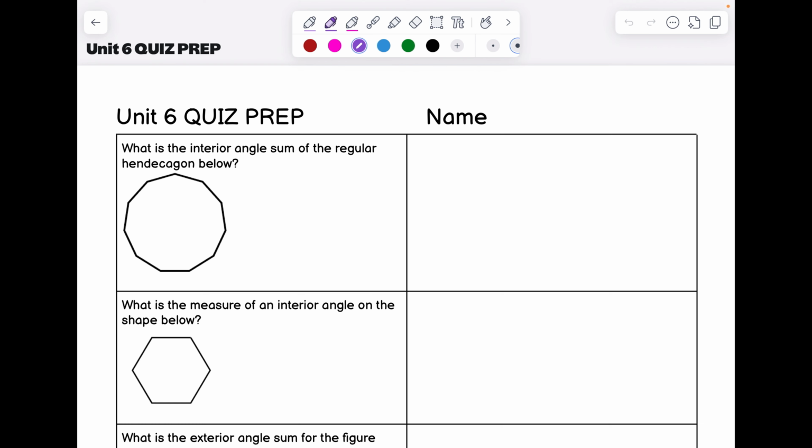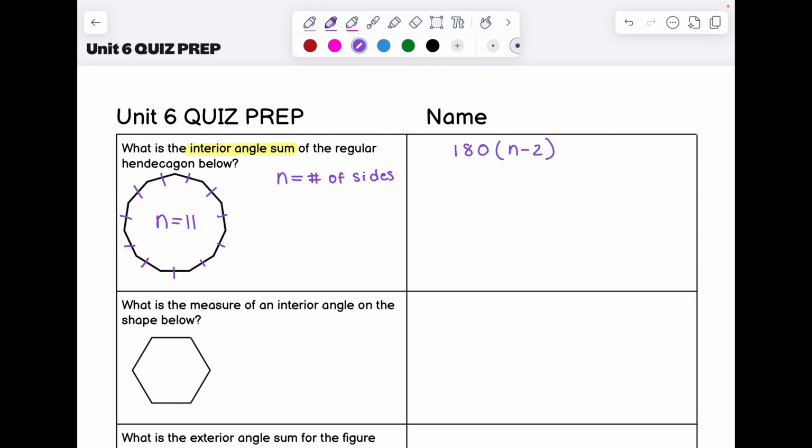This first question says, what is the interior angle sum of the regular hendecagon below? What we need to focus on is interior angle sum. If we look in our notes, we'll see that we can find the interior angle sum by doing 180(n minus 2), where n is the number of sides. Our n is, let's count, 1, 2, 3, 4, 5, 6, 7, 8, 9, 10, 11.